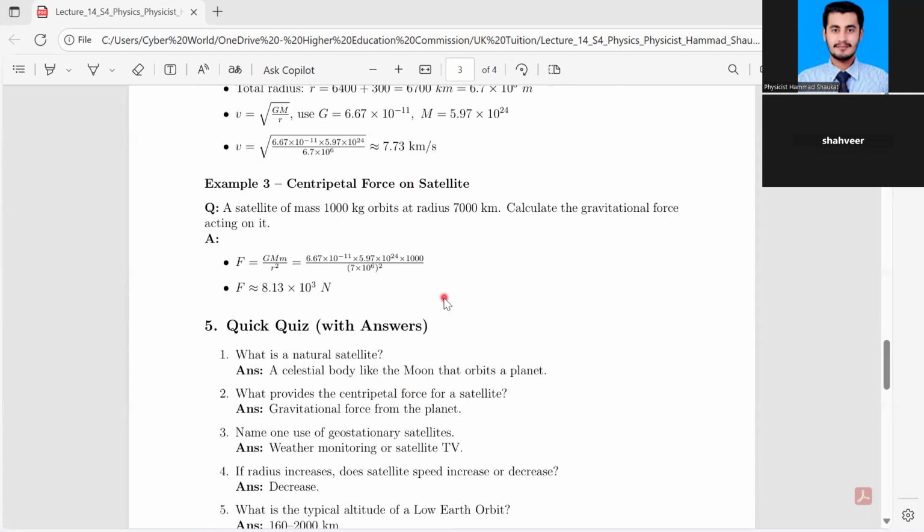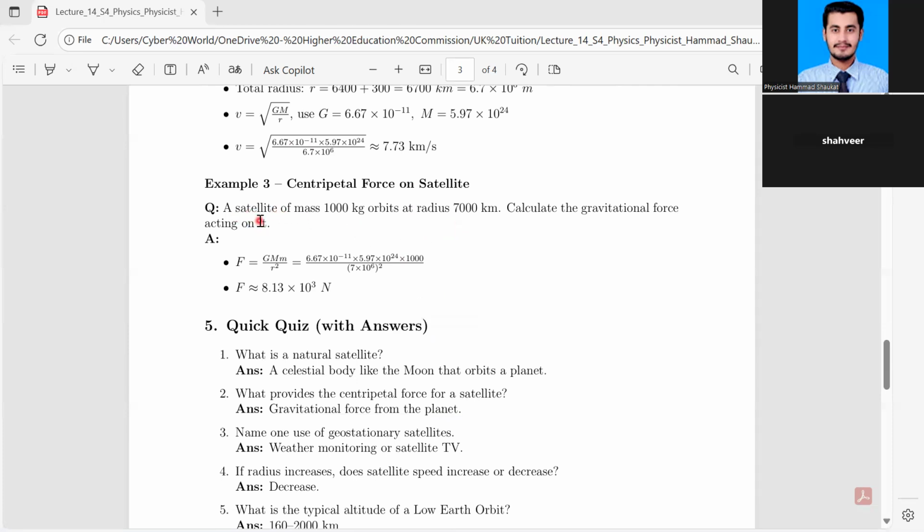Now move on to our last problem. A satellite of mass 1000 kg orbits at a radius of 7000 km. Calculate the gravitational force. Two things are given. One is the mass and the other is the radius.